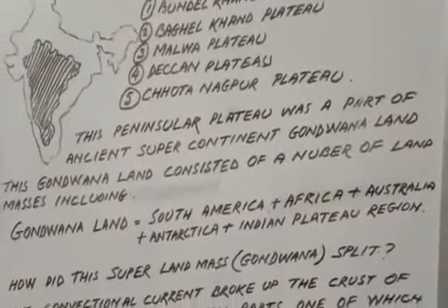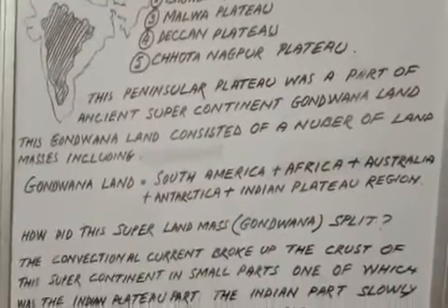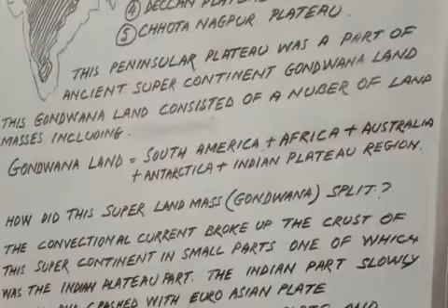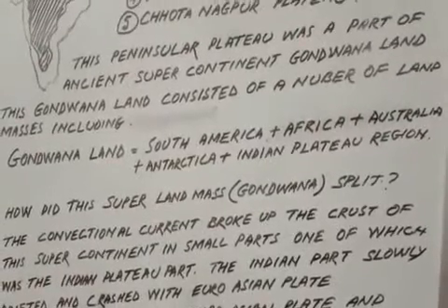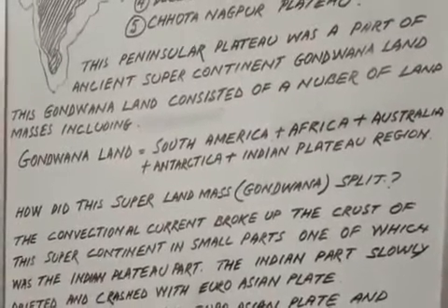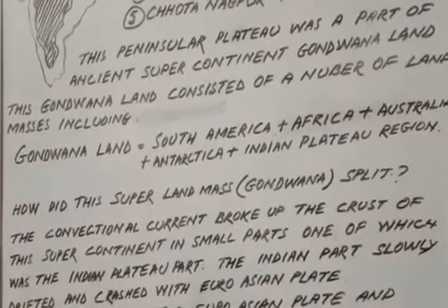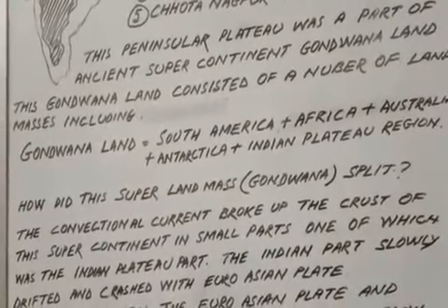Gondwanaland consisted of South America plus Africa plus Australia plus Antarctica plus the Indian Plateau region.